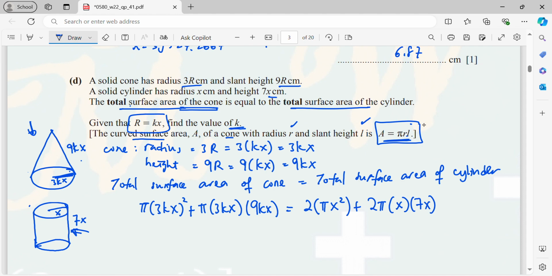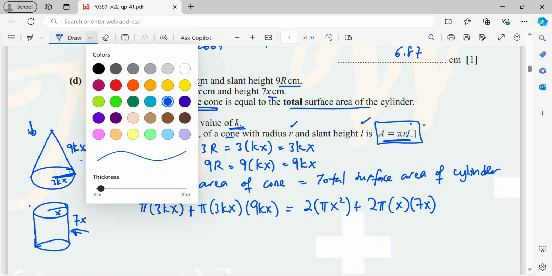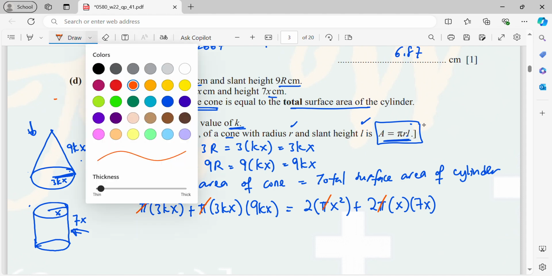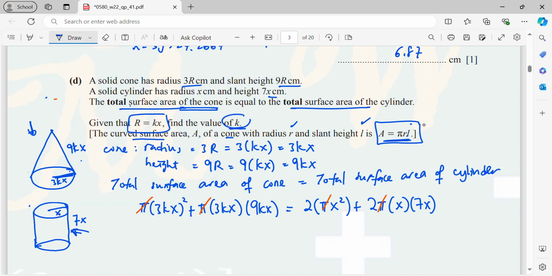Alright, then from here, obviously, all the pi can be cancelled off. So I will cancel off the pi first. And then I will do expansion, because our purpose is to find the k. So the first one will be 9k squared x squared plus 3 times 9 is 27. k times k is k squared, x times x is x squared.